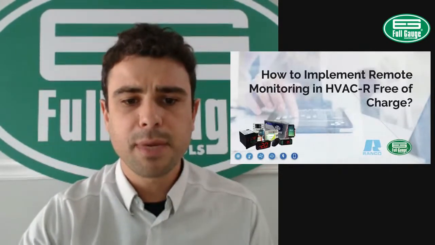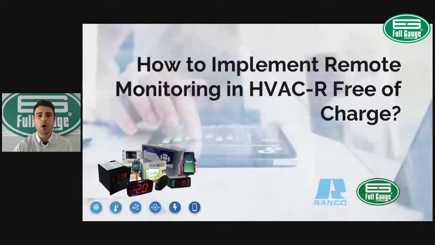So as I mentioned before, today we're going to be talking about how to implement remote monitoring free of charge. Safe temperature limit is one of the most critical aspects to prevent catastrophic events such as food, medicine, or vaccine from being spoiled. Every year, thousands of people die because of food contamination.